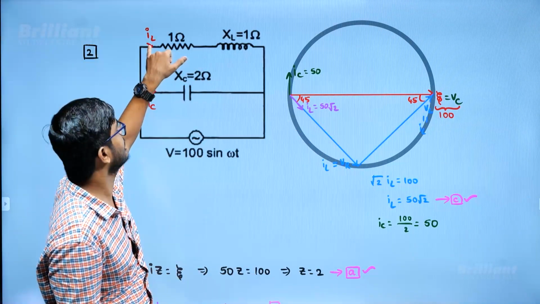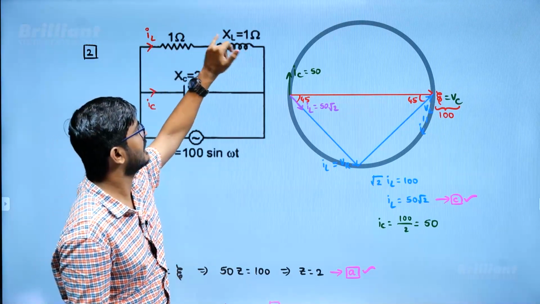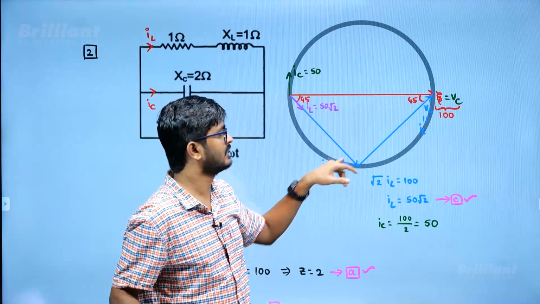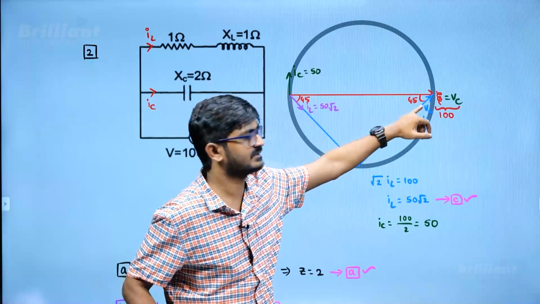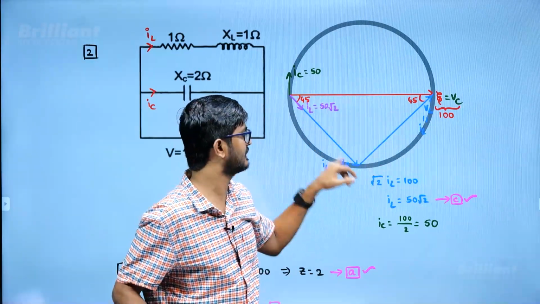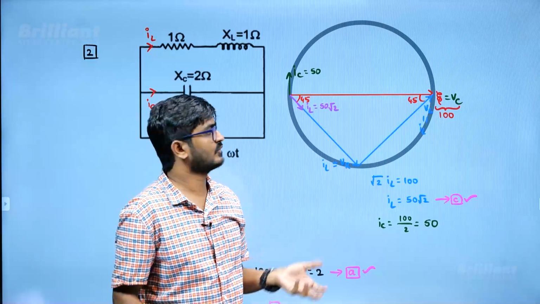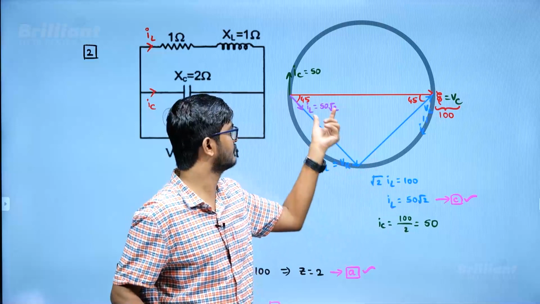It is going to be current into resistance, that is IL into 1. So voltage across the resistance is magnitude wise IL. Voltage across the inductance is magnitude wise IL. But I know this plus this vector addition must give me this, right? That is root of IL square plus IL square, that is IL root 2. IL root 2 must give me 100. So IL is 50 root 2.